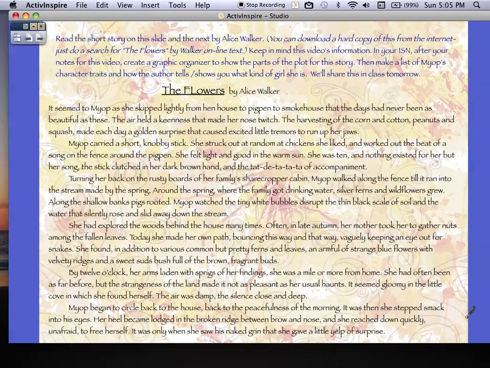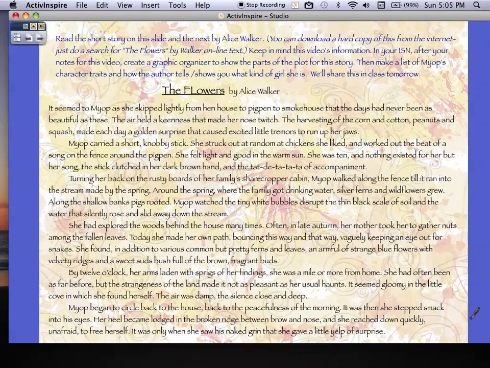Myop carried a short, knobby stick. She struck out at random at chickens she liked and worked out the beat of a song on the fence around the pig pen. She felt light and good in the warm sun. She was 10, and nothing existed for her but her song, the stick she clutched in her dark brown hand, and the tat-titty-tat-tat-tat of accompaniment.